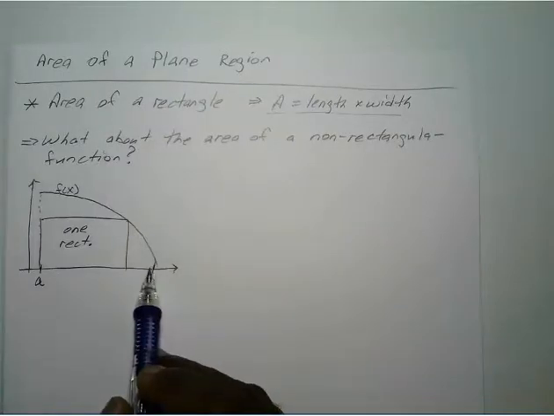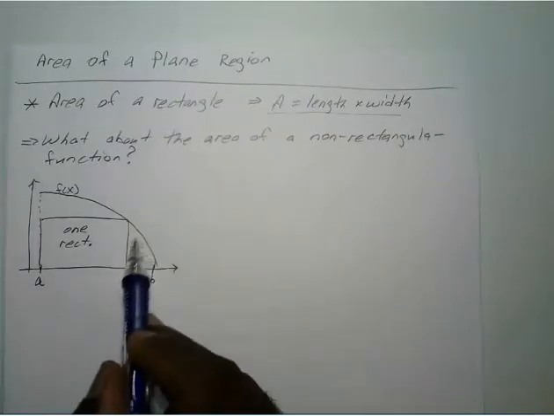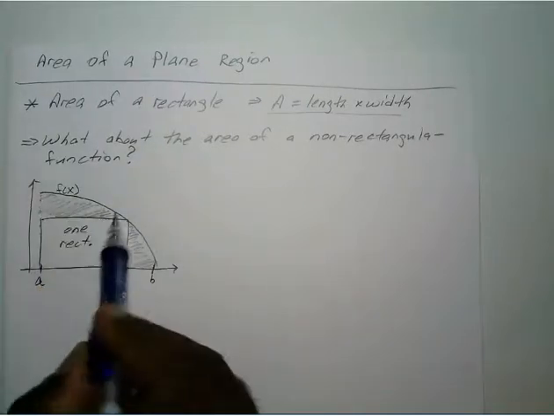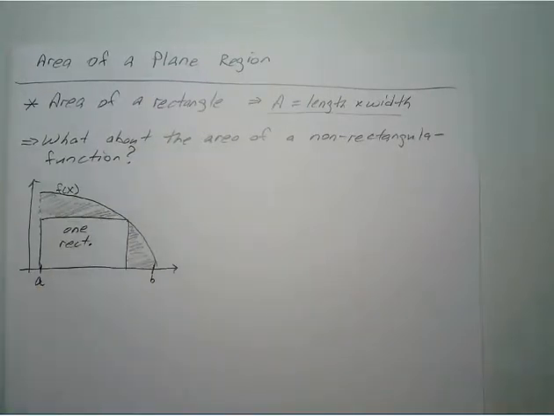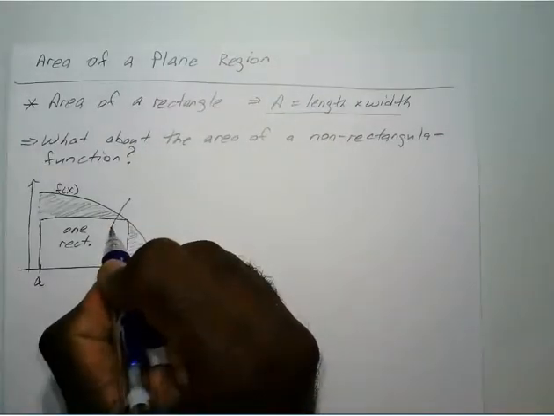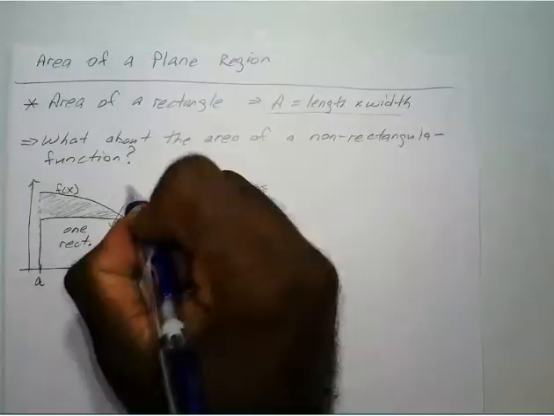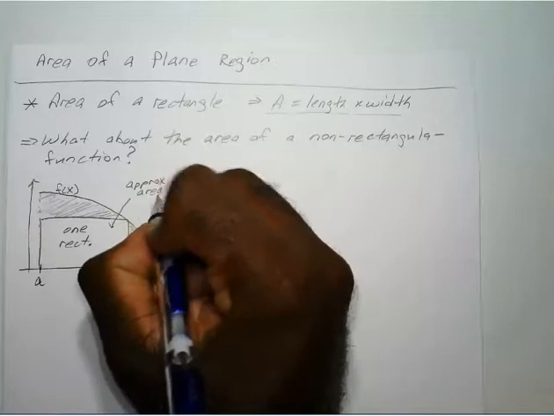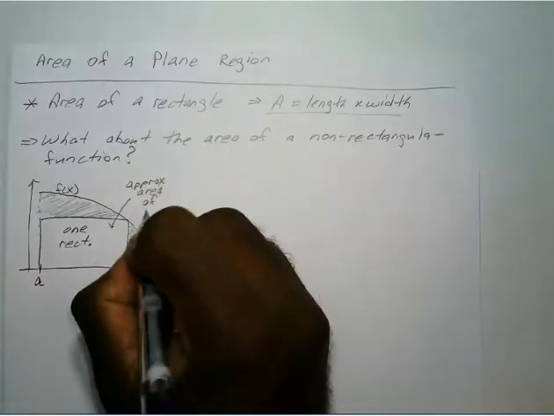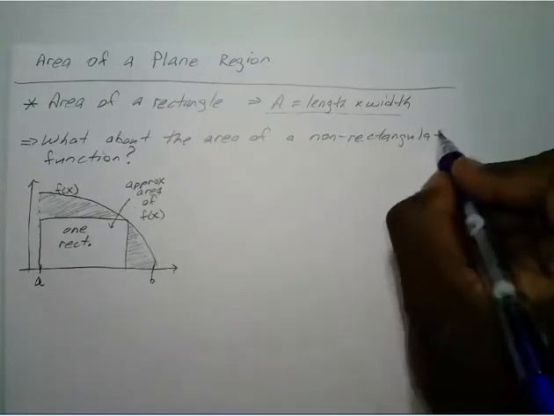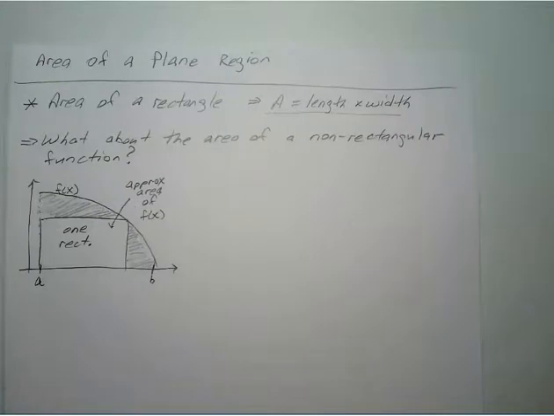The only thing is we're kind of missing that shaded portion here. So we have an approximate area, it's just not very good. We figure out the length and the width. This is our approximate area under f of x. Again, not a very precise approximation, but it is an approximation nonetheless.